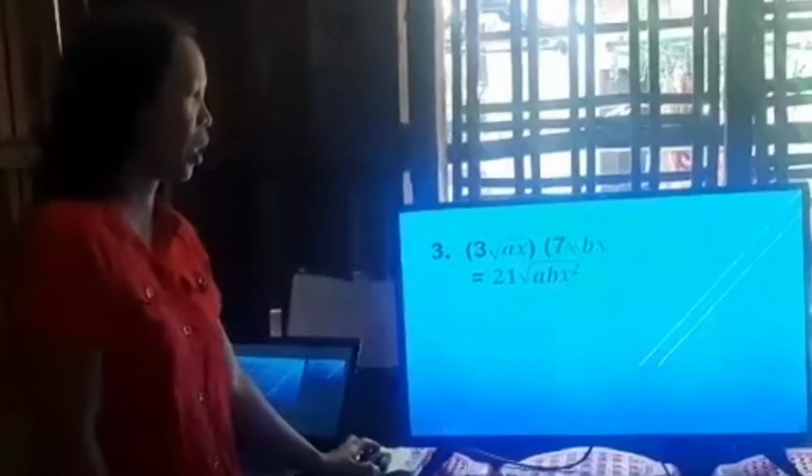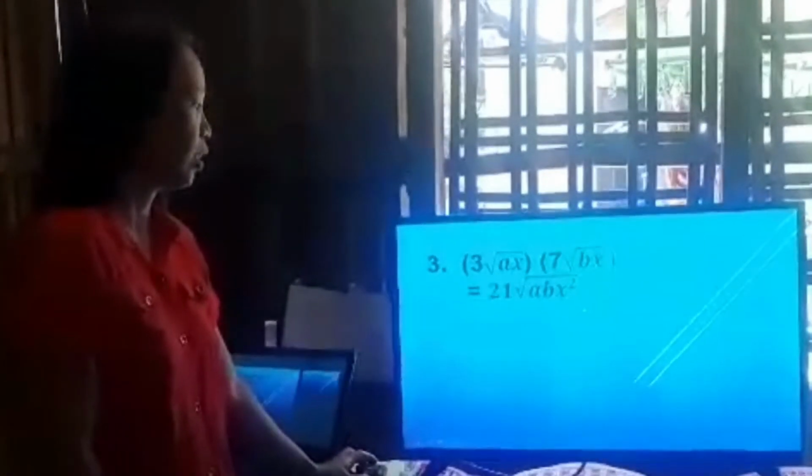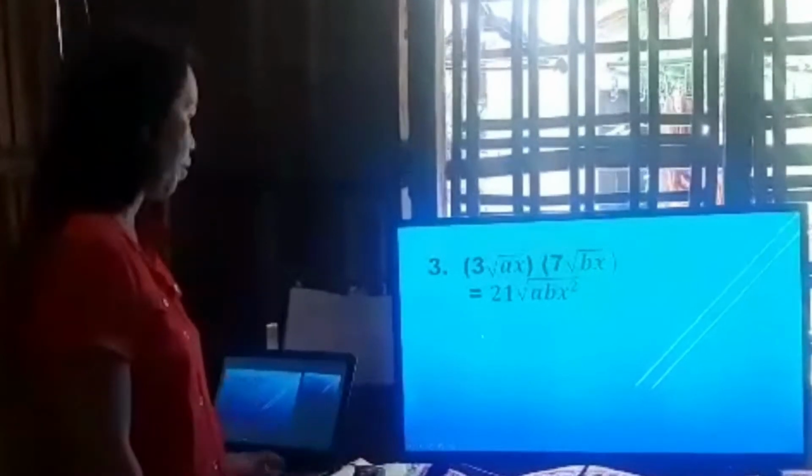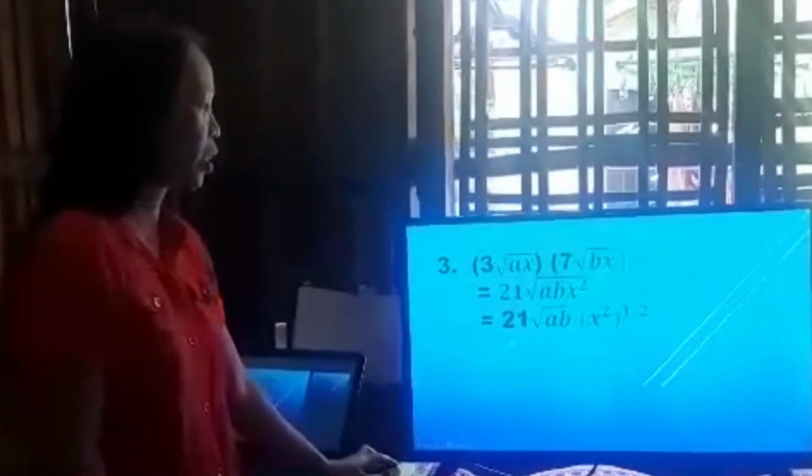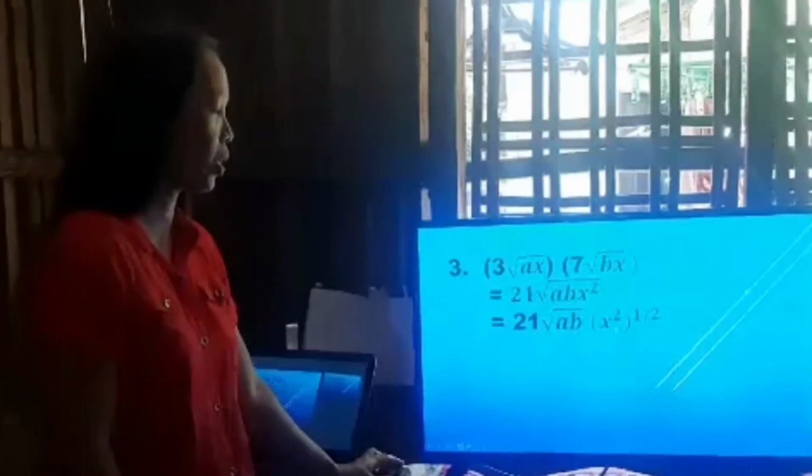The square root of x times xb gives the square root of x squared b. The square root of x squared is equal to x, or we can transform it to x to the exponent 1/2 squared. Then we have the square root of b. So the final answer is 21x square root of b.